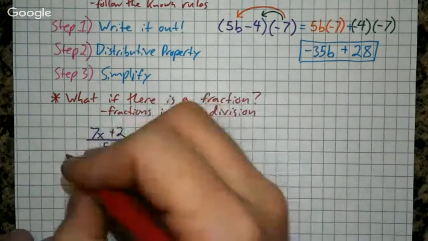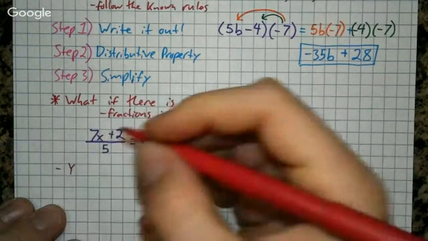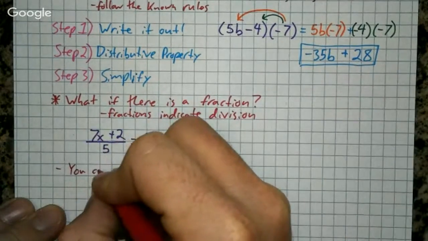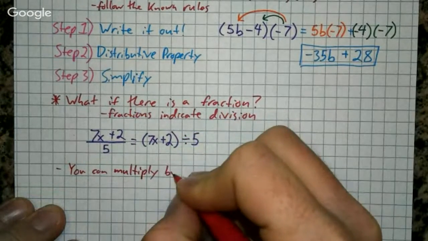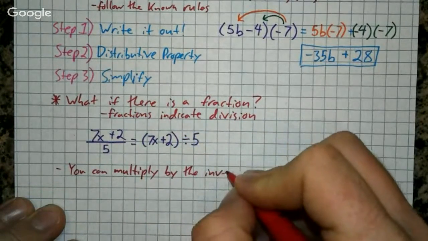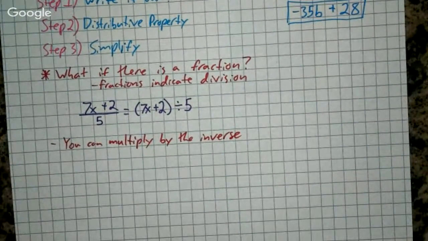And we can remember that when it comes to something like this, you can multiply by the inverse. Well, the inverse of 5 is going to be 1/5.